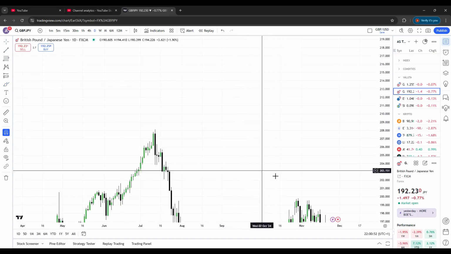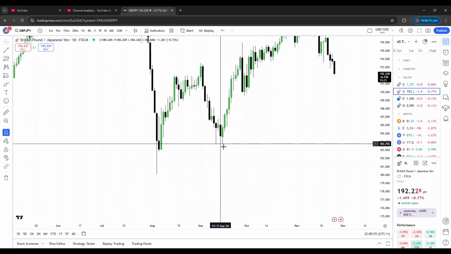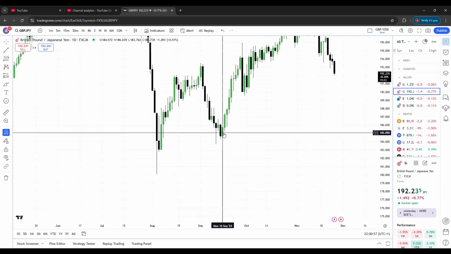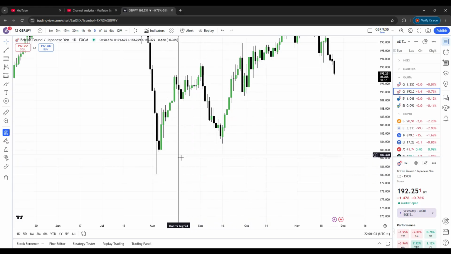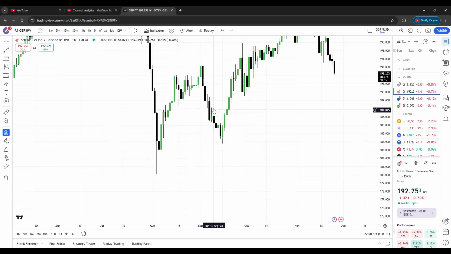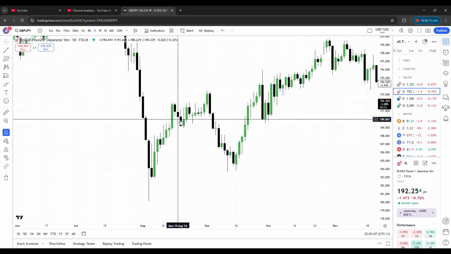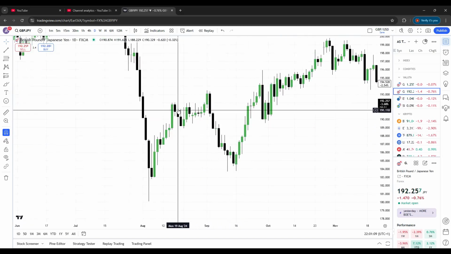So right here we have a low, down candle and up candle. So it only takes a two candle pattern for us to create a low. As you can see right here, down and up.